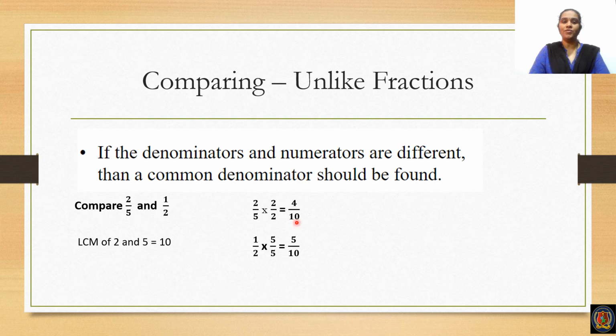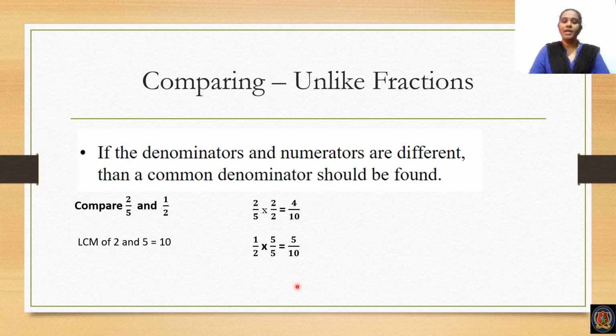We have found two fractions which have the common denominator. We have made them like fractions. So we can easily compare now. For 4 by 10 and 5 by 10, you need to compare the numerators. For like fractions, you need to compare only the numerator.